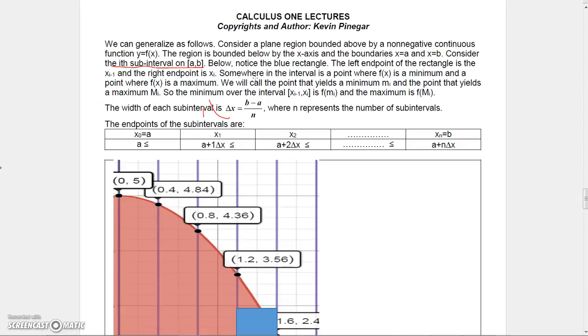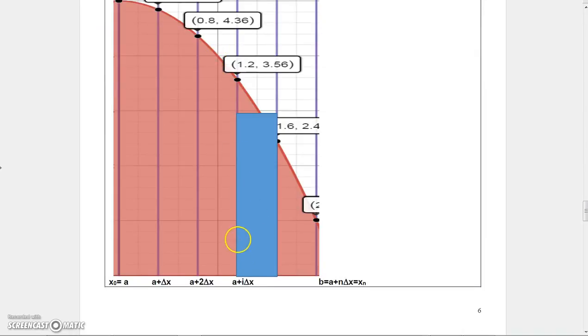The left endpoint of the rectangle is what we would call x sub i minus 1, because it would be on the left, and the right endpoint would be x sub i. All right, so this left endpoint right here is x sub i minus 1, and this is x sub i.